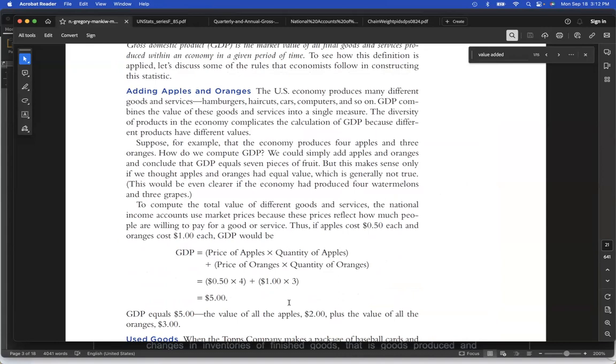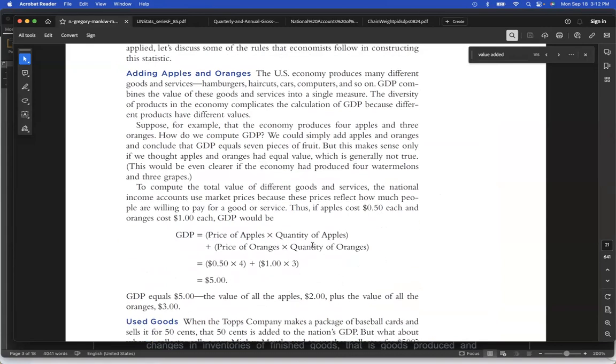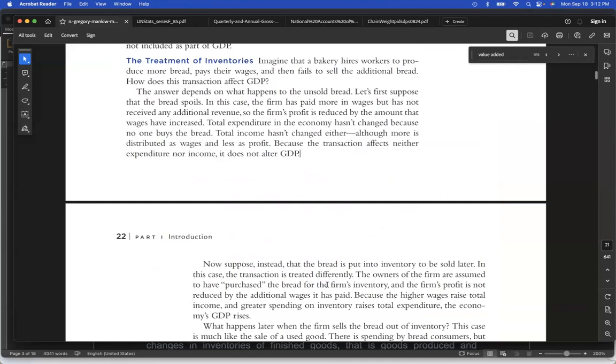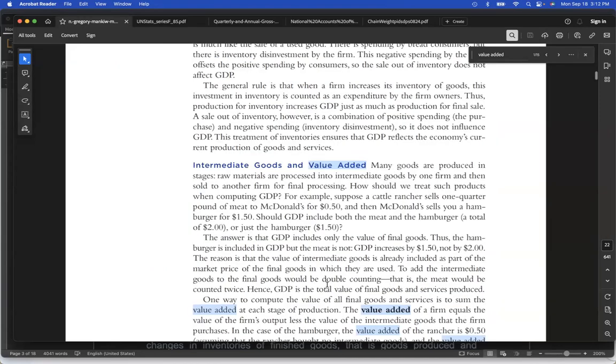And this would be GDP, because these are, by assumption, final goods. Then you've got used goods, treatment of inventories, intermediate goods and value added, which is important. One way to compute the value of all final goods is the sum of value added in production. We will be returning to this because this is in fact how the PSA does it.